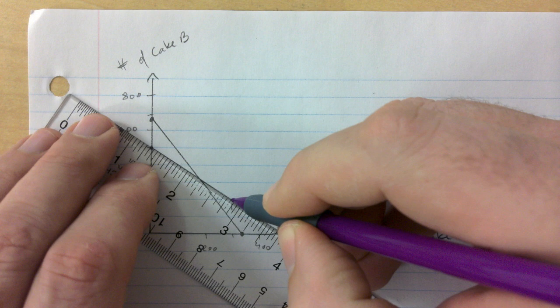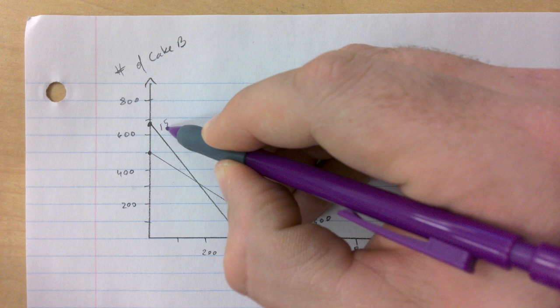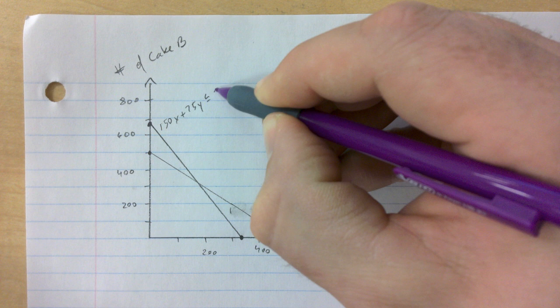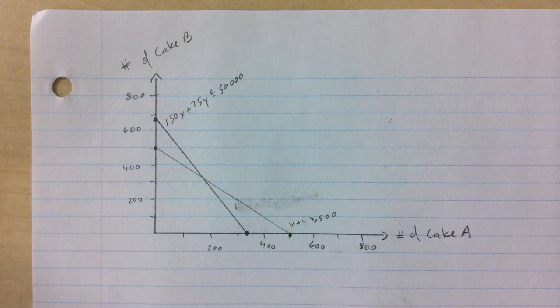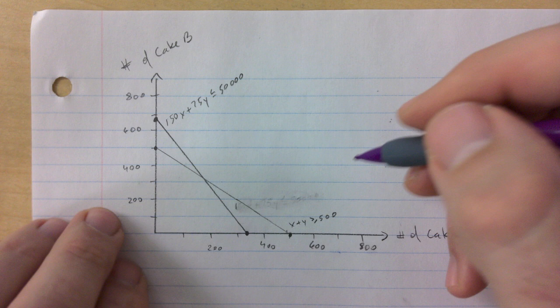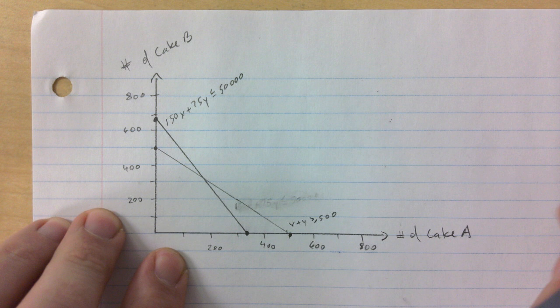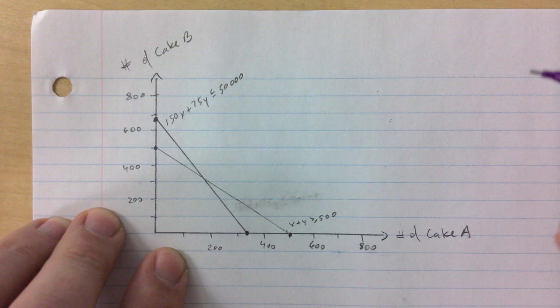So I'm going to write this over here, 150x plus 75y is less than or equal to 50,000. There we go. I can breathe again. Okay, so there we have it. And you have to be very careful not to mix up your intercepts.